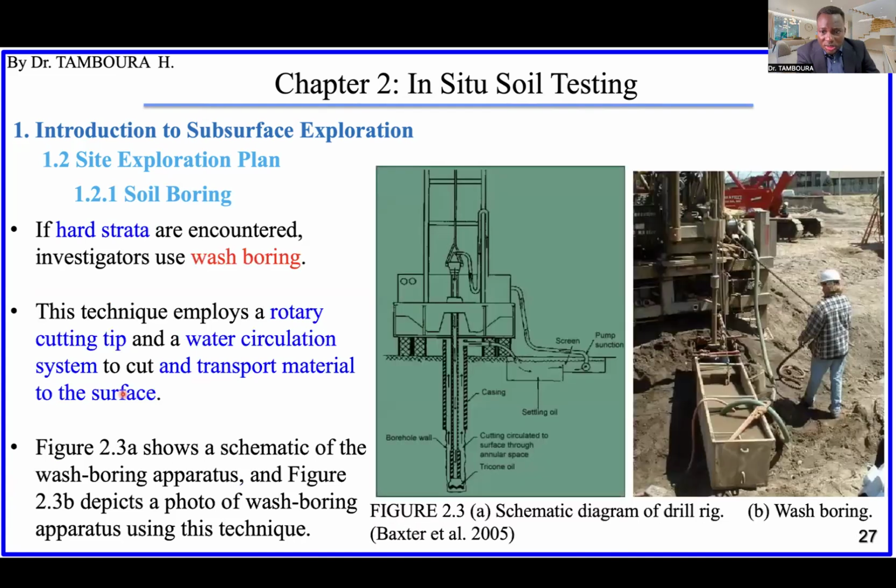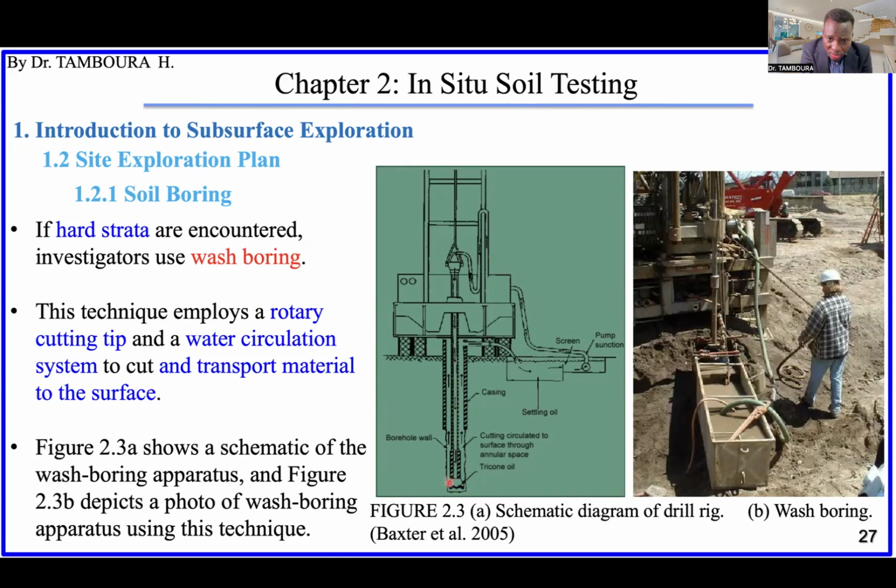This is an example. So you can see the tips here. This rotary cutting, maybe here it is rock. So you cut the rock here, and you can see this water is coming here, water injection.